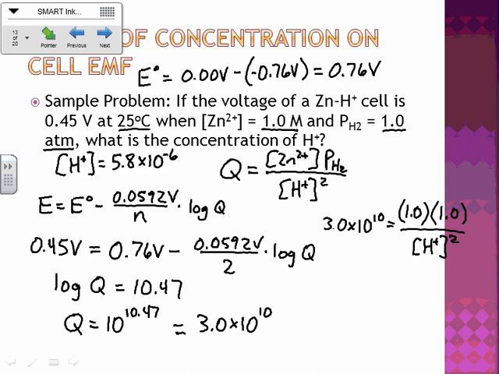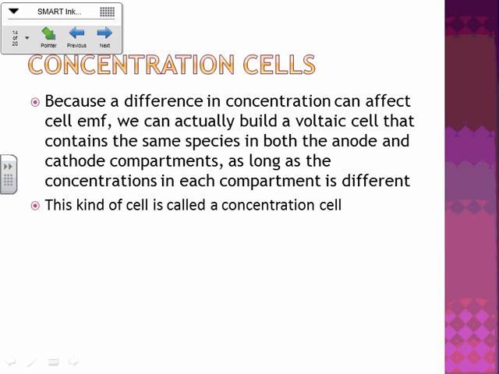Okay? So that's how that works. Now, an easy question they could ask you as a follow-up there is, what is the pH? Right? And all you have to do is take the negative log of the H plus concentration there, and you should be able to figure that out. Okay.